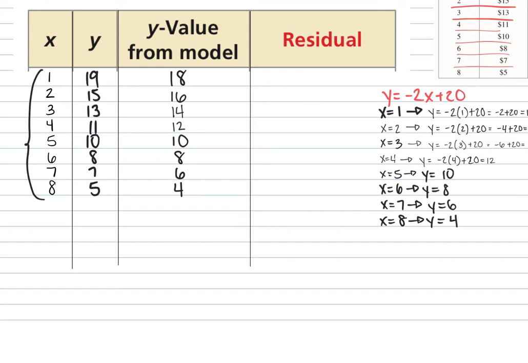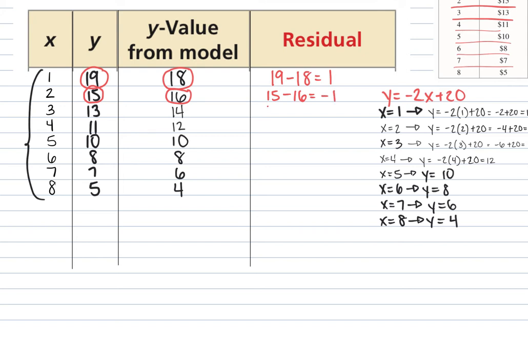Now, remember, the residual is your y value minus your y value from the model. So check it out. All we're going to do to calculate the residual is take this 19 and subtract 18 from it. So 19 minus 18, and I get 1. Next, we're going to take 15 and subtract 16. 15 minus 16 is negative 1.